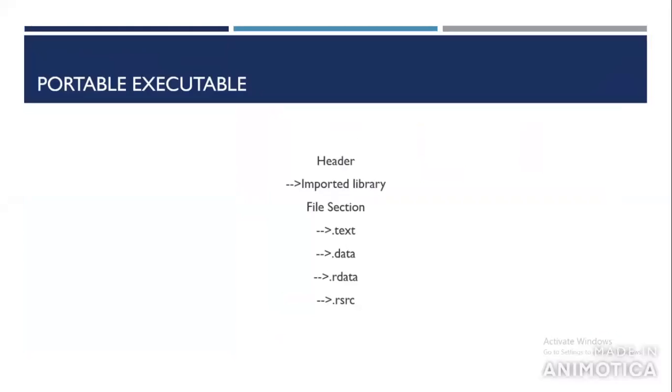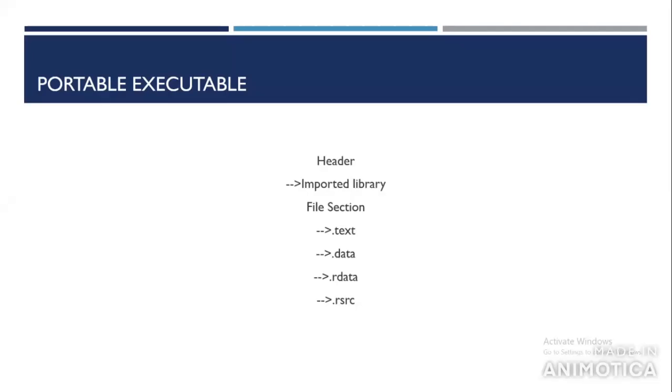Microsoft executables are termed portable executables or PE files, and they contain valuable information. A PE file has the following information in it. It has a header, which consists of imported libraries. Then it has file sections, in which it has .text, .data, .rdata, and .rsrc.